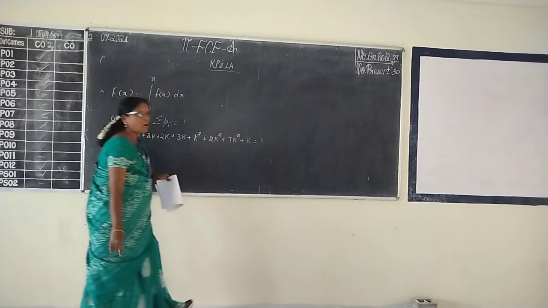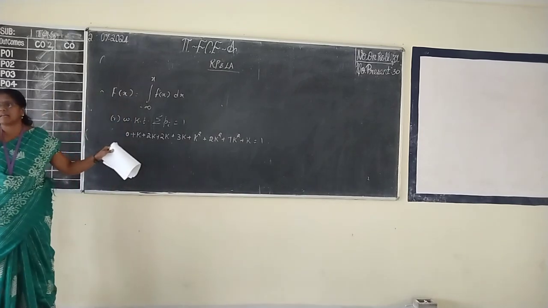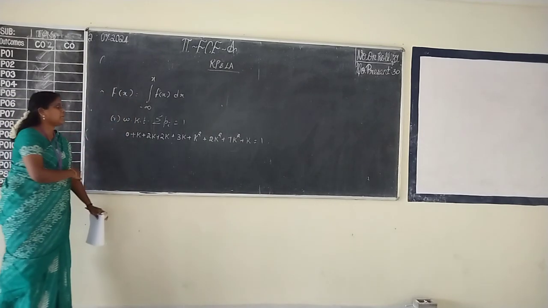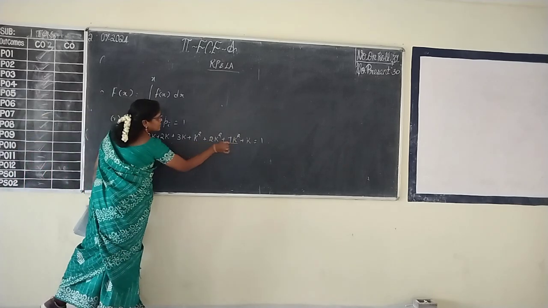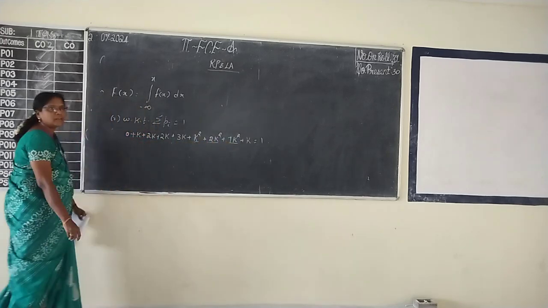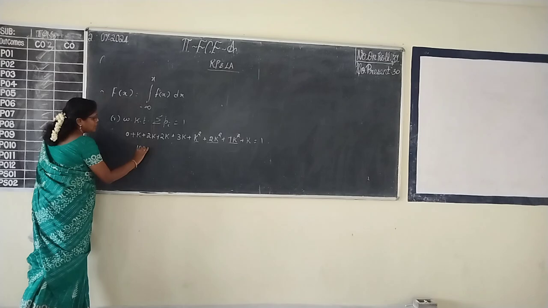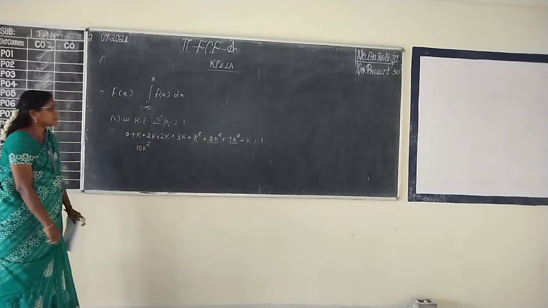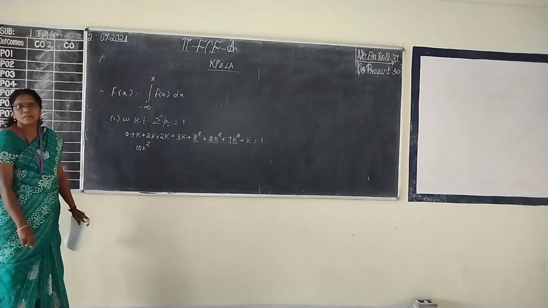So when you add all these things, you should get the answer as 1. Now combine everything. How many k square are there? 10k square. How many k's are there? 9.